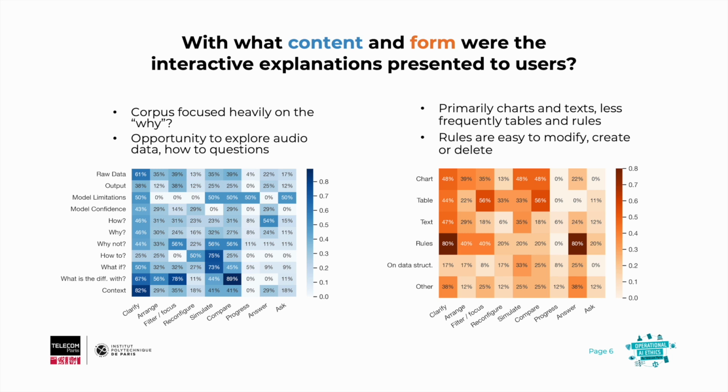We also found that there was an opportunity for future research to explore how-to questions, notably by showing how to achieve different outcomes from the one initially output by the AI. Then, explanations were mainly presented through charts and text, less frequently through tables and rules. We found that rules often supported the modification, deletion, and creation of explanations.